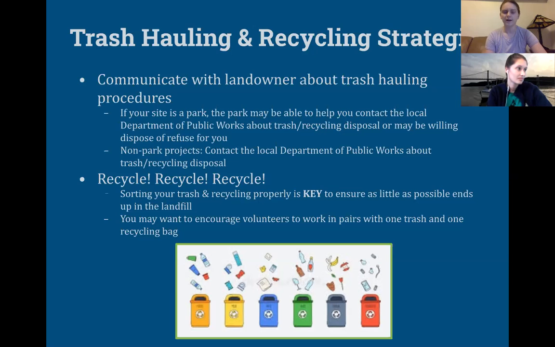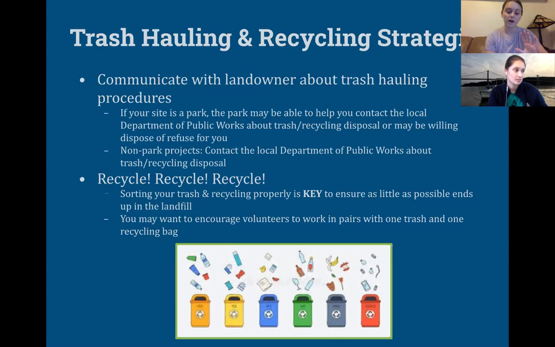And then it's important to think about not only a trash strategy, but also a recycling strategy, because actually much of the debris that you'll find at your site may be recyclable. So we want to make sure that as little trash as possible goes to the landfill at the end of sweep.